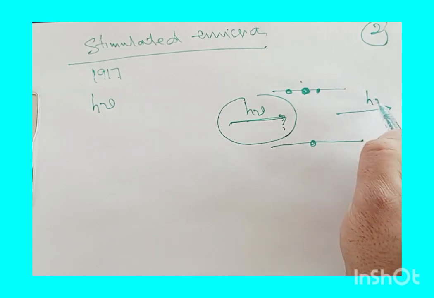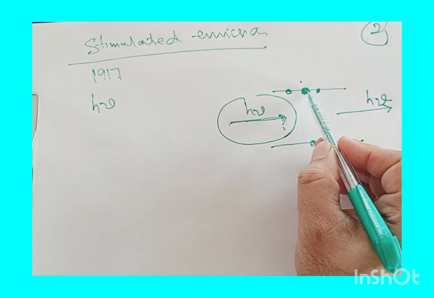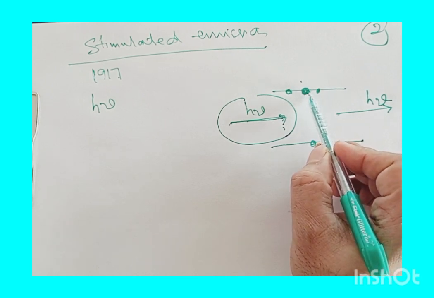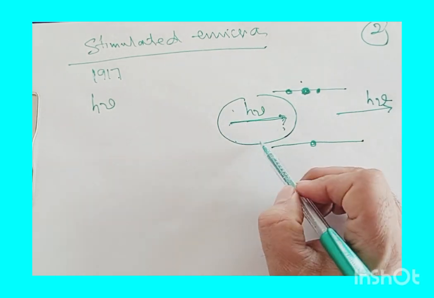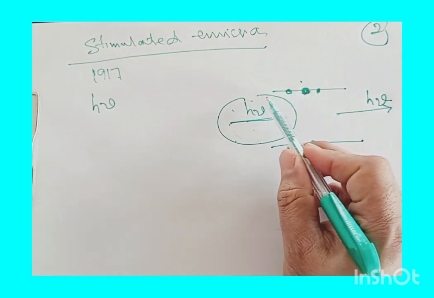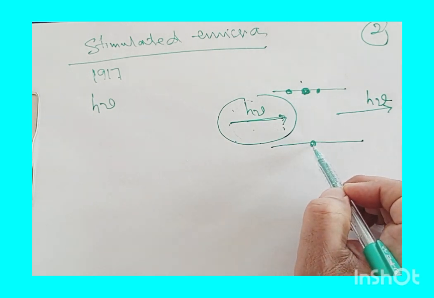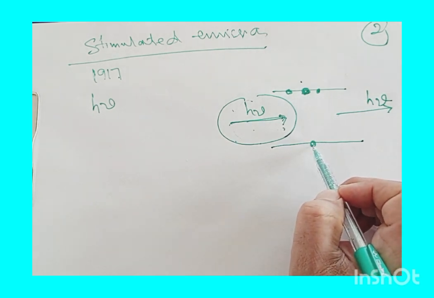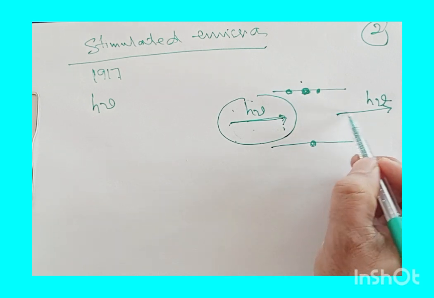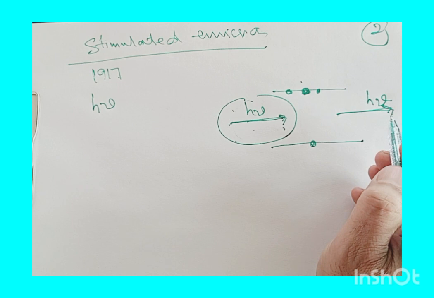So the atom was already in excited state. When we supplied an energy of h nu to this, we forced the transition from excited state to the ground state, and we have a photon coming out of it. And these two photons are exactly in phase.